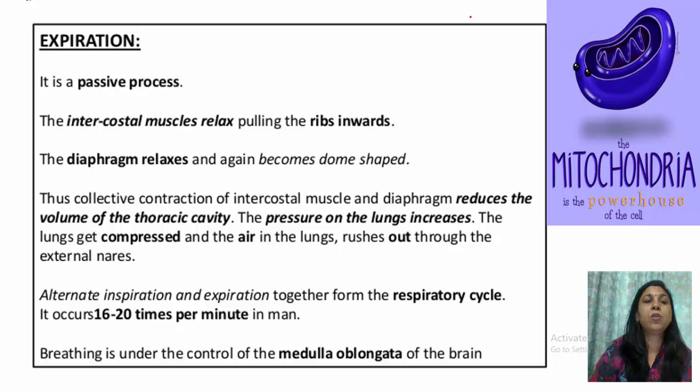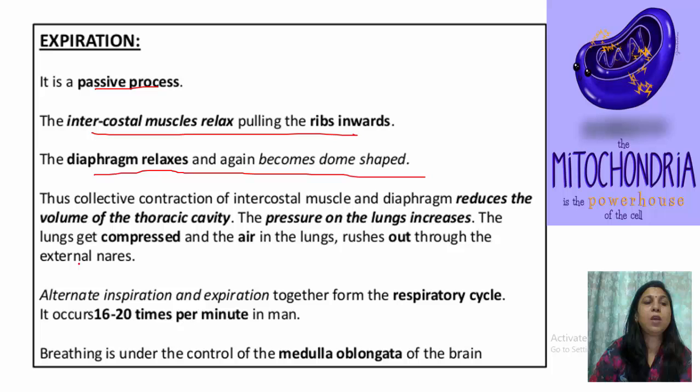Now, expiration or exhalation is a passive process. The reverse of inspiration happens here. The intercostal muscles relax, pulling the ribs inward. The diaphragm relaxes and again becomes dome shaped. Thus, the collective relaxation of intercostal muscles and diaphragm reduces the volume of the thoracic cavity. The pressure on the lungs increases.